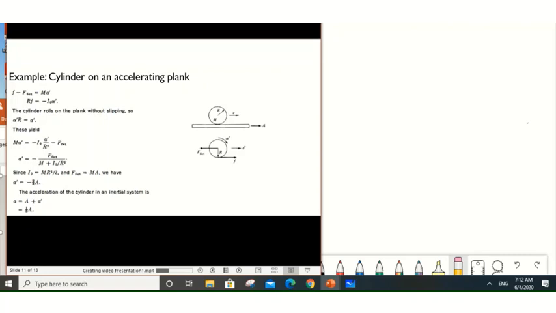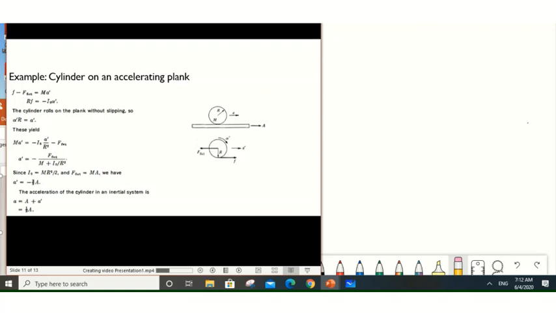Here a cylinder of mass M and radius capital R rolls without slipping on a plank moving with an acceleration capital A. So capital A is the acceleration of the plank. We have to find the acceleration small a of this cylinder.